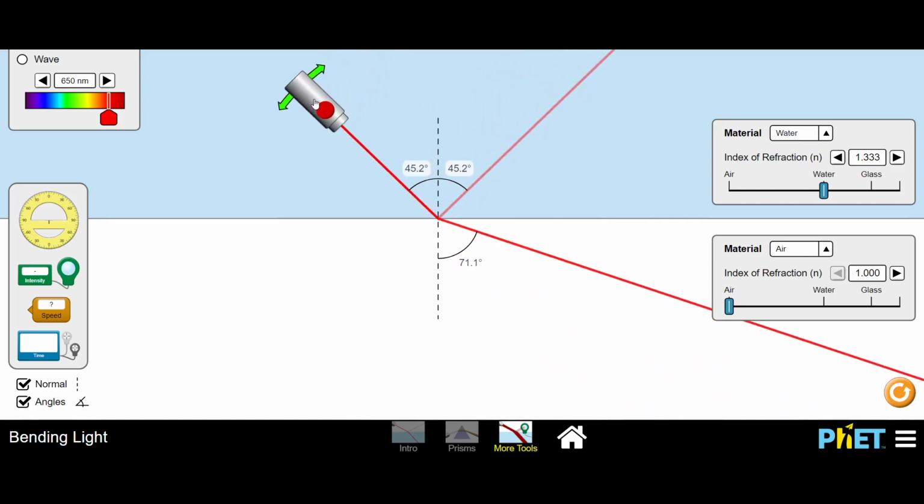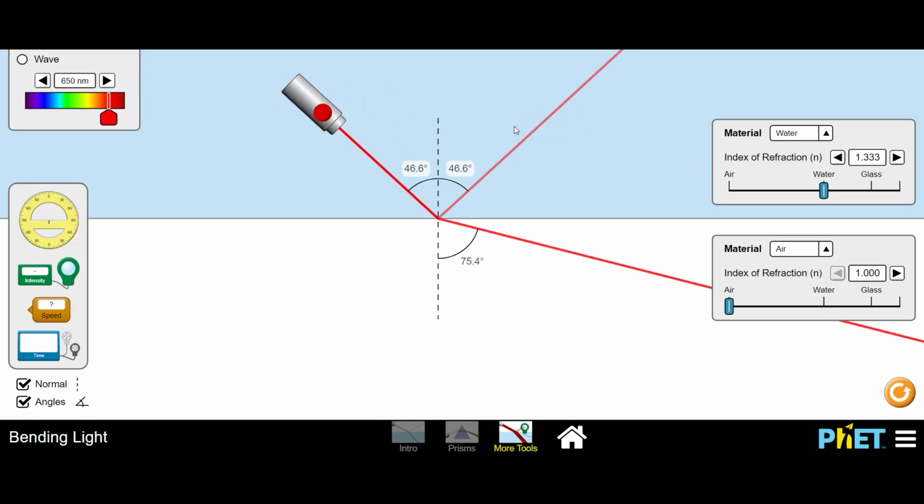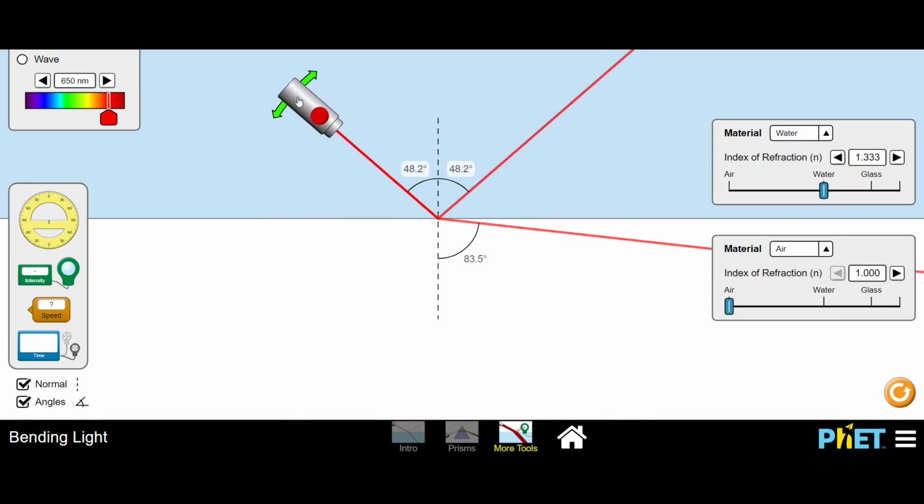Now as I move down, the light gets a lot more intense. But what I want you to notice is what happens to the refracted ray as I increase this angle. So right there, the refracted ray no longer exists, and the reflected ray is where all the light goes.